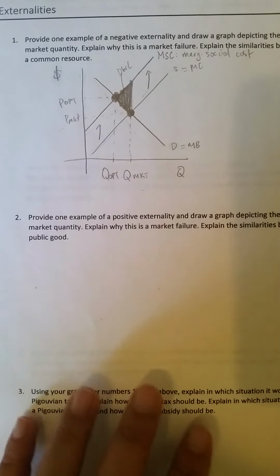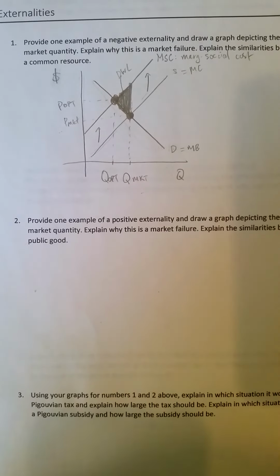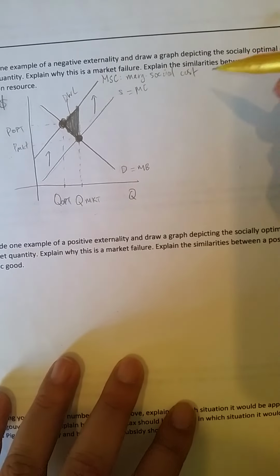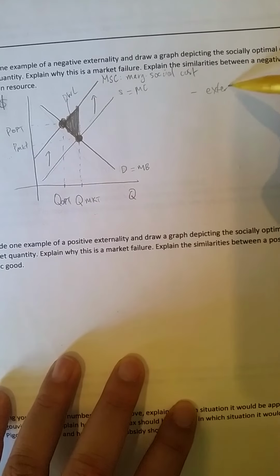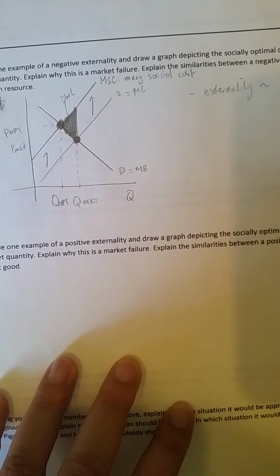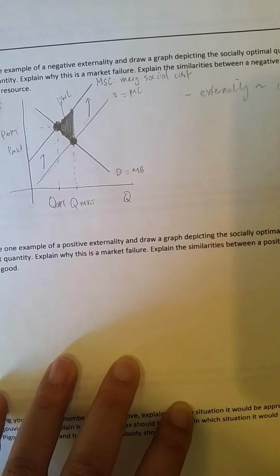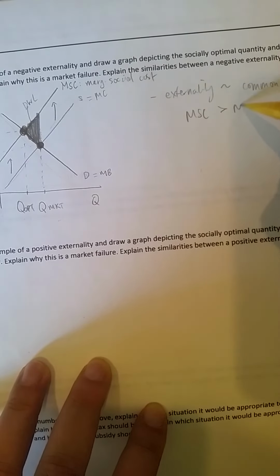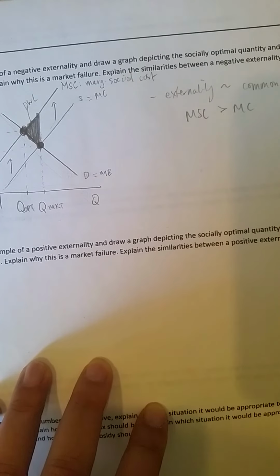And then how is this similar to a common resource? The pictures are actually incredibly similar. So with both a negative externality, it's similar to a common resource in that the cost to society is greater than the cost to any one individual.